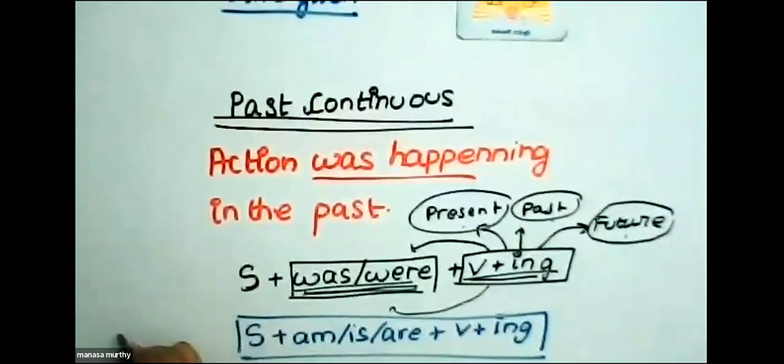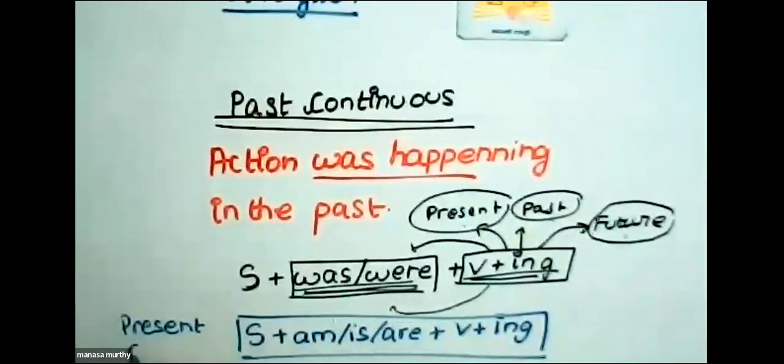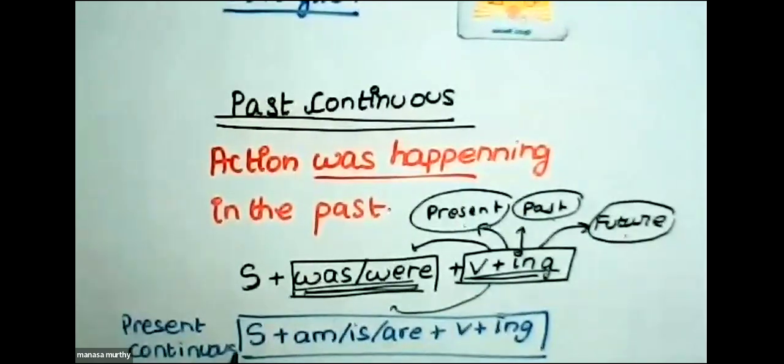Okay. This says it is present continuous. Something happening continuously right at the moment. If am, is or are is written before verb plus ing, we get to know that it is present continuous alone.